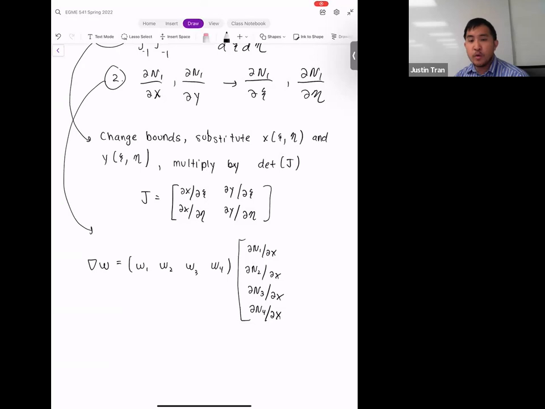So we have partial N1 partial x, partial N2 partial x, partial N3, and partial N4 as well. Then our second column is all the same shape functions, but taken with respect to y.